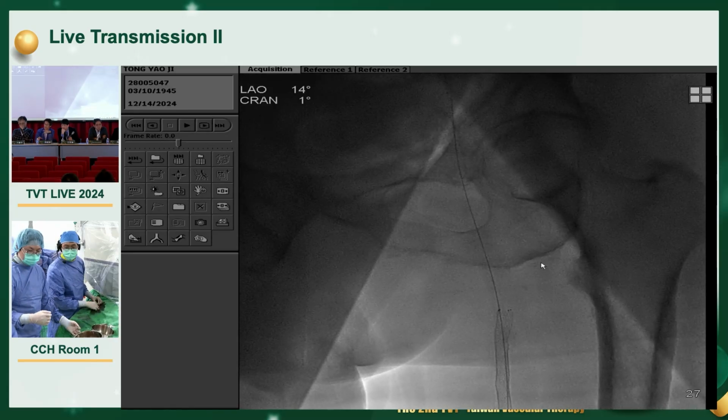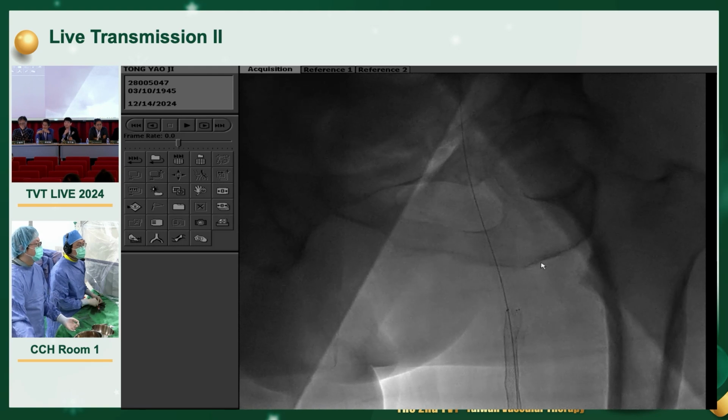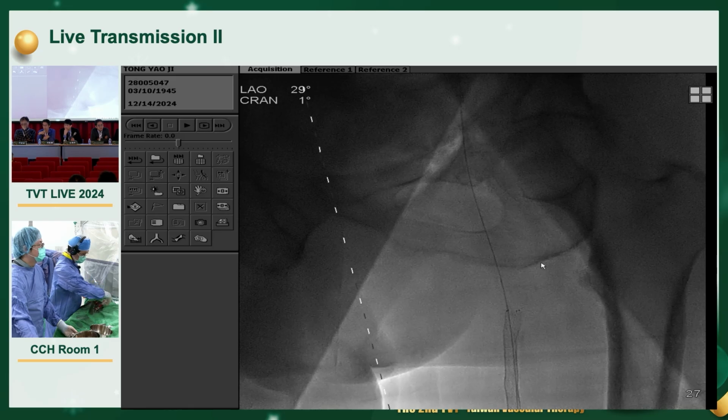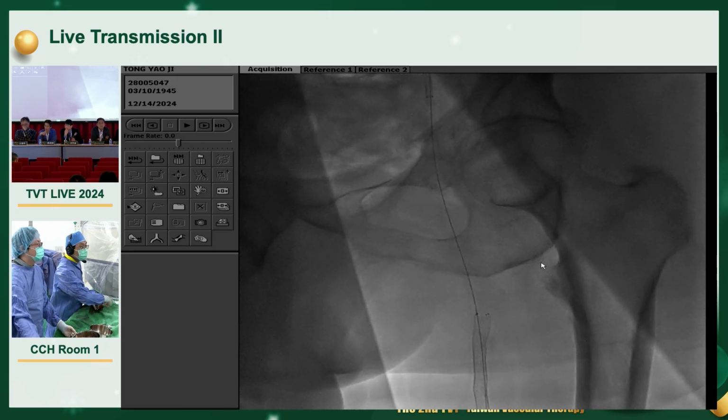Hold the tail. And the stent length, you choose the 120? Yeah. It seems too long, if you don't want to cover the deep femoral artery.